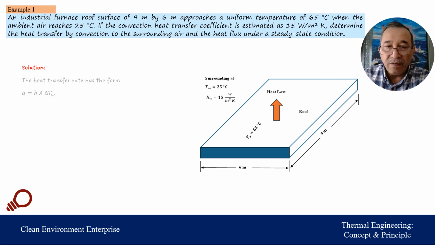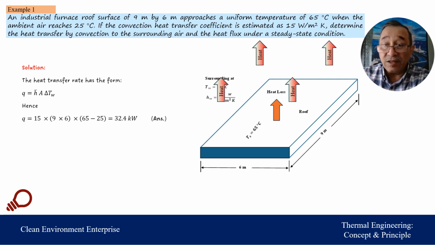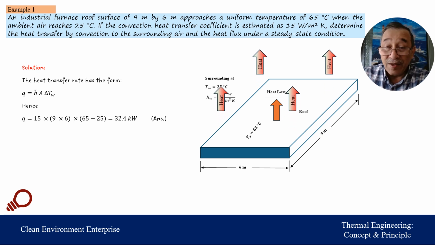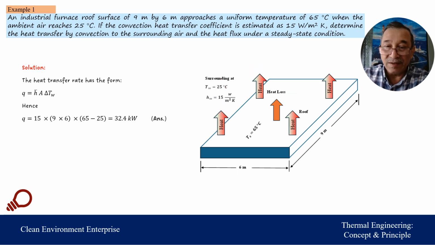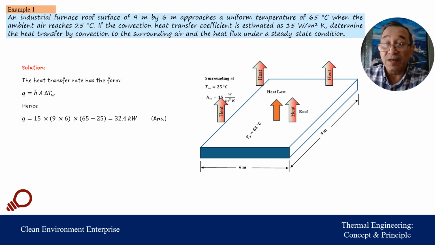So if we take these values and put them in the general form which we have described, Q equals h A times delta T, and the heat transfer will be in the direction perpendicular to the heating element, to be 32.4 kilowatt.